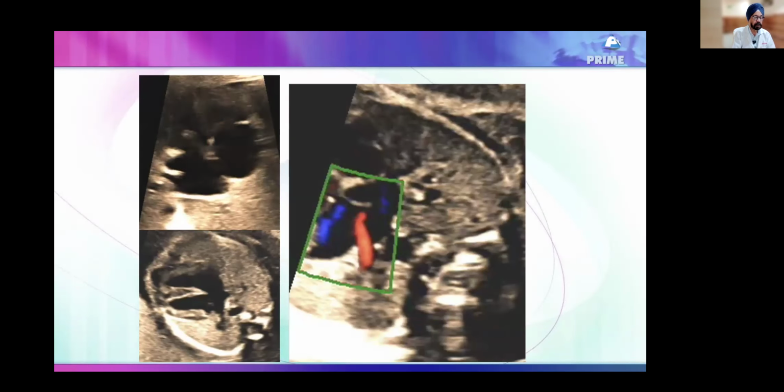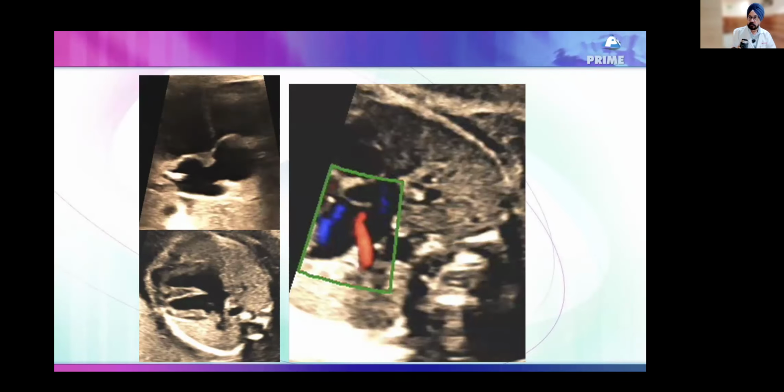And we did a small study, which we presented in Vienna, ISUOG, on how long it takes from a good four-chamber view. You have to get a good four-chamber view. You might struggle for some time to find a Coumadin ridge, and in what percentage we could see it normal. So the average time was about 45 to 50 seconds.